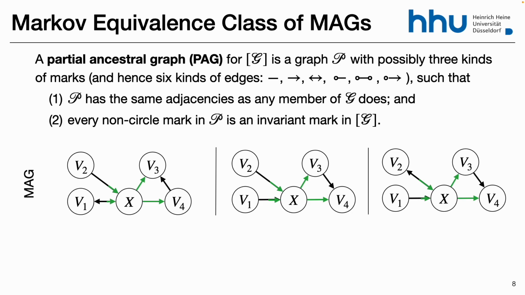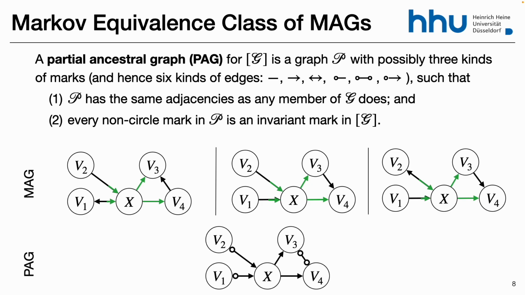Then every time that I see a non-circle, it's going to be an invariance. So the PAG is here. These arrowheads here exist in all of them, first because it's an unshielded collider, so you would have this.